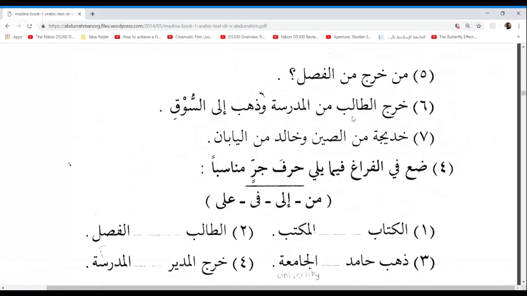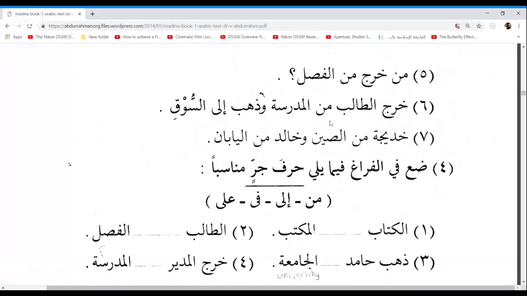Then we have at-talibu. We don't pronounce the alif or the lam; we drop that in pronunciation, and we put a shadda on the ta because it's a sun letter. So we say kharajat talibu. At-talibu, the student, is the doer of the action, known in Arabic as the fa'il.